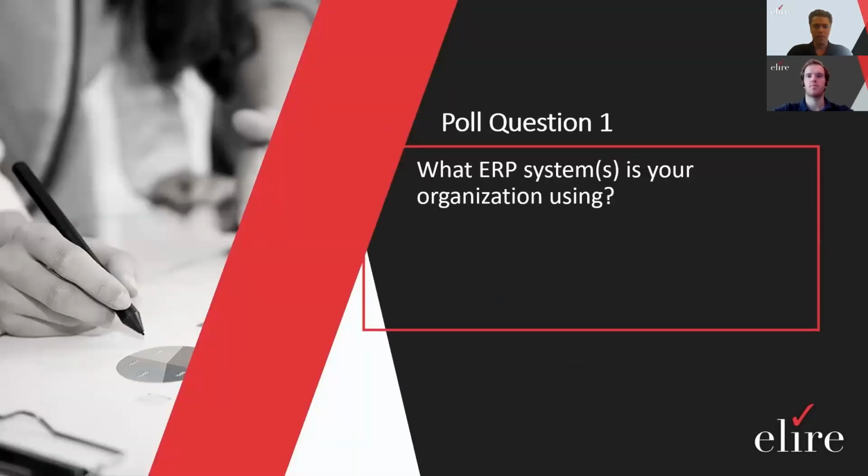All right, pass it back to Jordan for a quick poll question. Awesome. So we're going to start off with, what ERP systems is your organization currently using? We have Workday, Oracle Cloud, PeopleSoft, EBS, Kyriba, SAP, and then other. That could be a homegrown system, Excel, any other system. We'll give everyone about 30 seconds to answer.